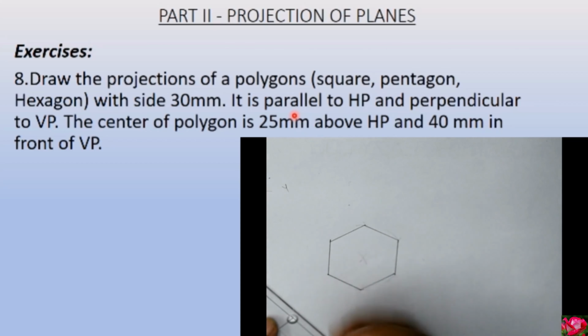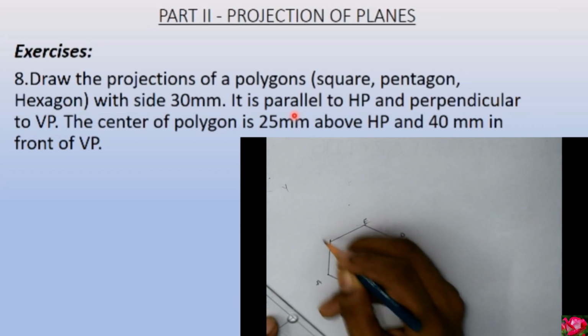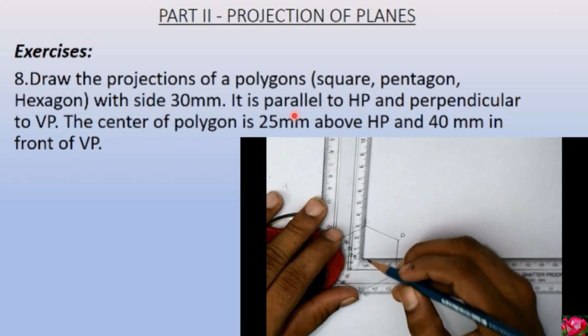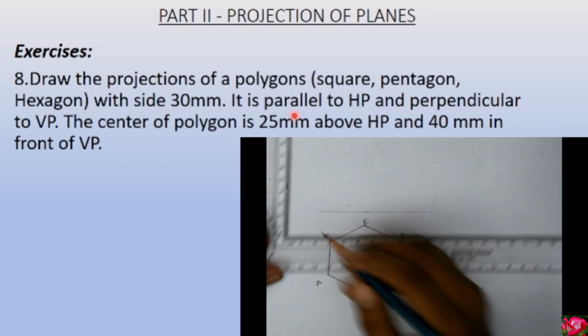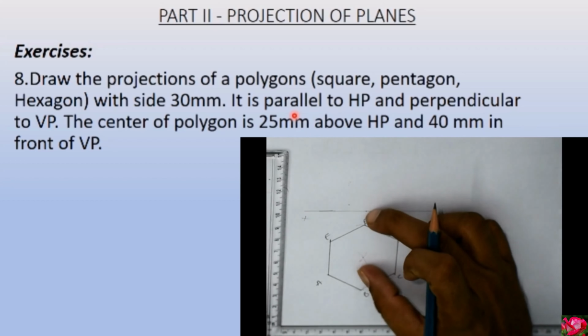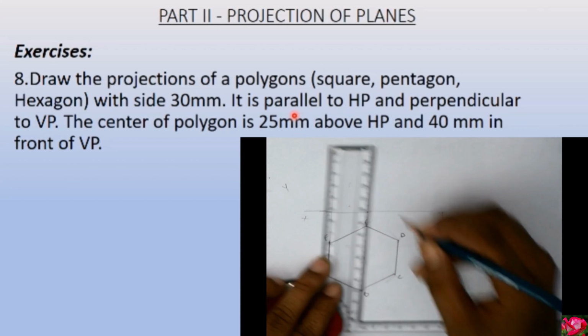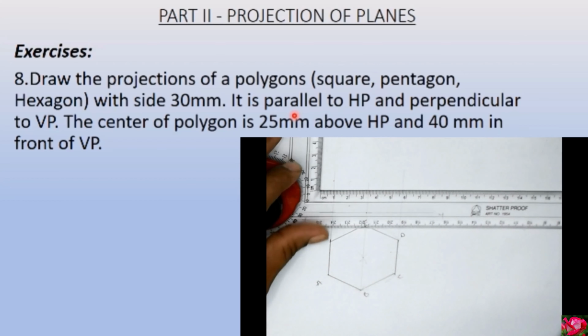See, this is A, B, C, D, E, F, and as mentioned in the question, the center is 40 mm in front of VP. So this is the center. This is our XY line. From VP the distance is 40 mm, and it is 25 mm above the HP.